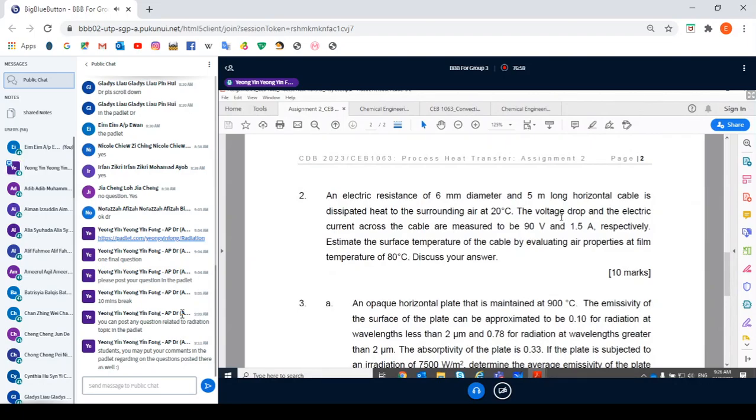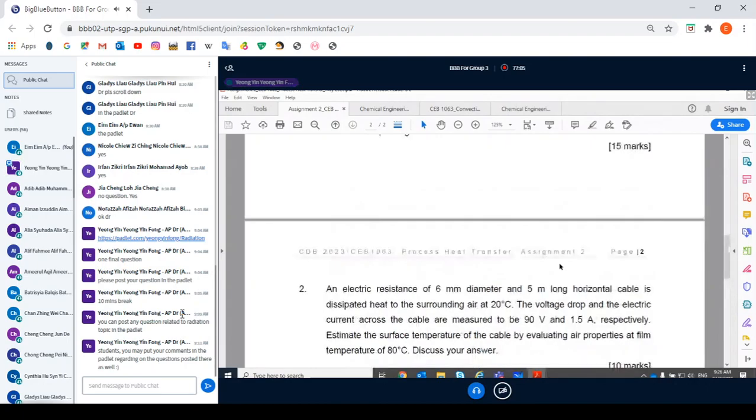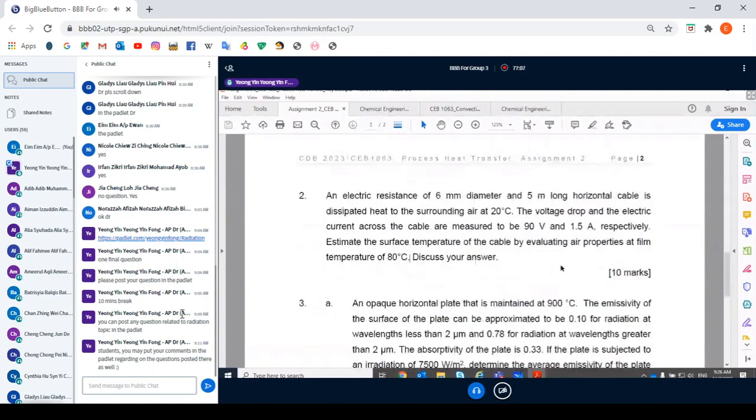In fact, you have to continue your calculations as well, because this is an assignment. Assignments means that you have to continue your calculation to get the correct answer, so you have to get another new Ts value.